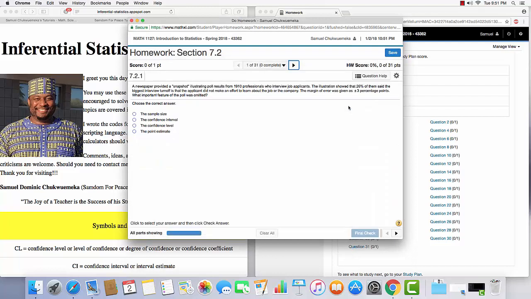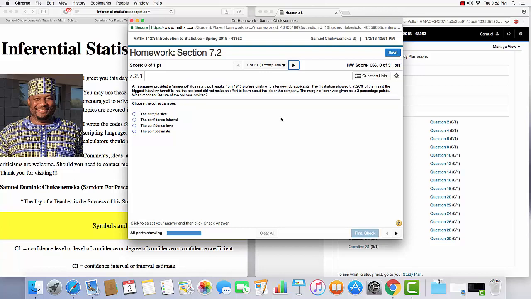Question 1. A newspaper provided a snapshot illustrating poll results from 1,910 professionals who interviewed job applicants. The illustration showed that 26% of them said the biggest interview turnoff is that the applicant did not make an effort to learn about the job or the company.